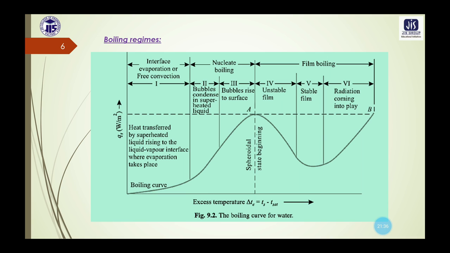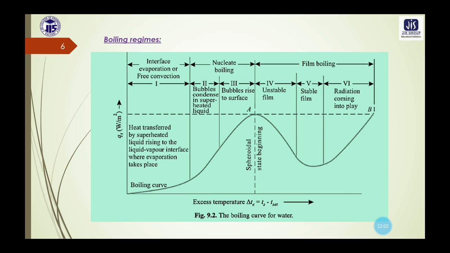But in zone 4, it gets reversed, that is, when the excess temperature increases, the heat flux decreases. This is due to the fact that bubble formation is very rapid, and the bubbles blanket the heating surface to prevent the incoming fresh liquid from taking their place.